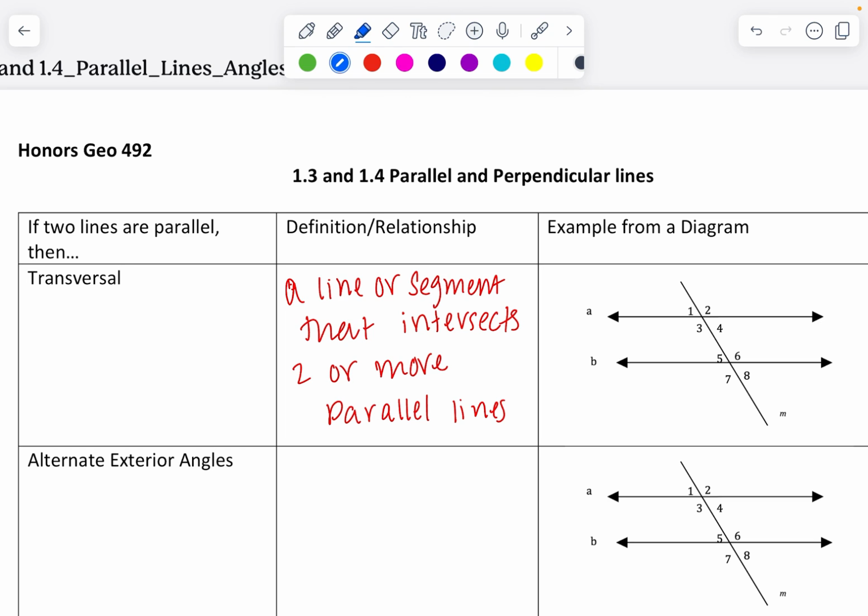We have the same diagram for all of these words today. So this is the transversal, the one that cuts the two parallel lines. We'll be talking about angles that are both above and below that line, or on the left side and the right side of that line. In any diagram, it's important for you to identify which one is the transversal.